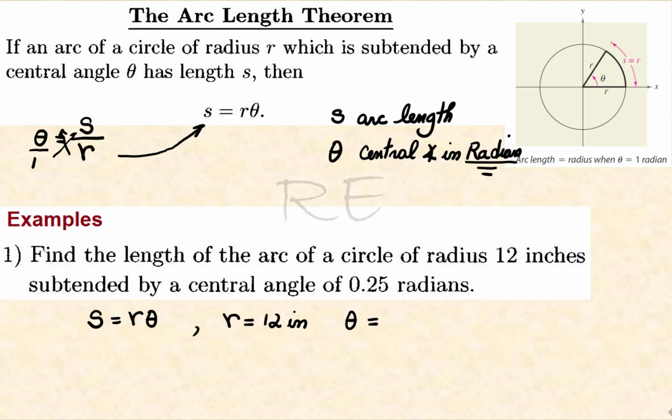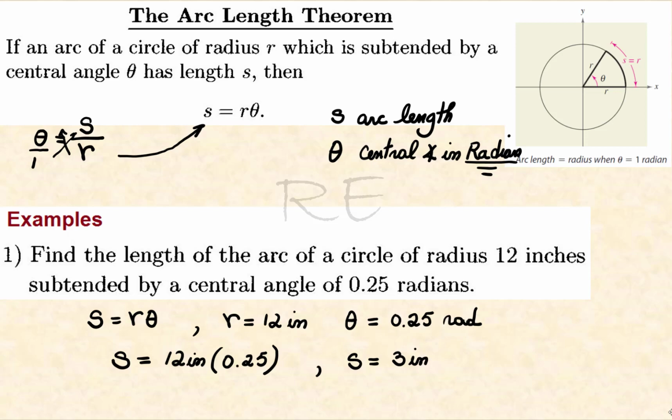R is equal to 12 inches and theta 0.25 radians. So it's a straightforward question. The arc length is equal to 12 times 0.25. 0.25 is 1/4, so it's 12 divided by 4, which is 3 inches.